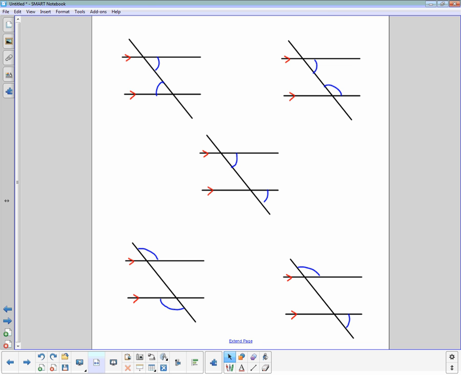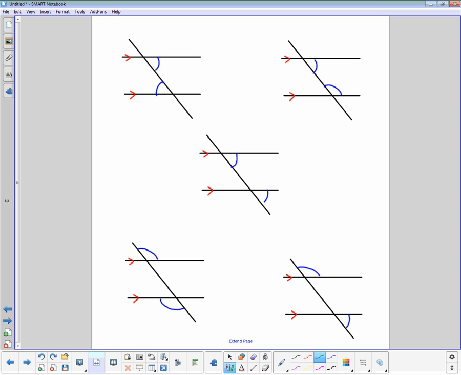You got all that? All right. Notice my markings. Some of these angles look alike, some of them don't, and we got to talk about them all. Now, these all have special names. And the names are pretty easy to remember.